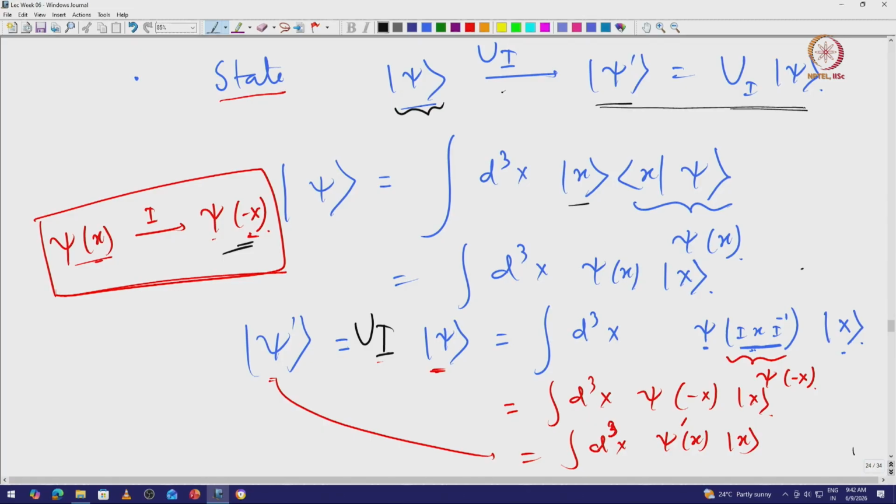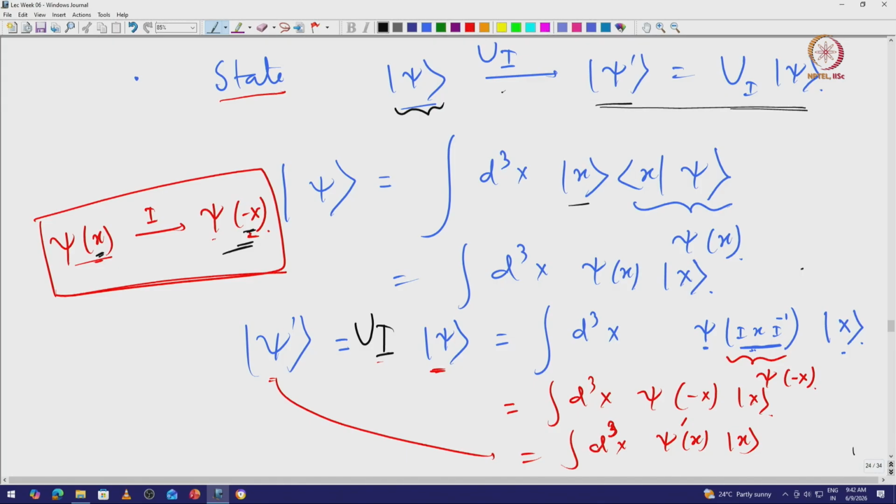Now in the position space, if the state was defined at x, it will change to minus x. X here stands for a 3-dimensional or odd-dimensional vector, so x1, x2, x3, all these things.